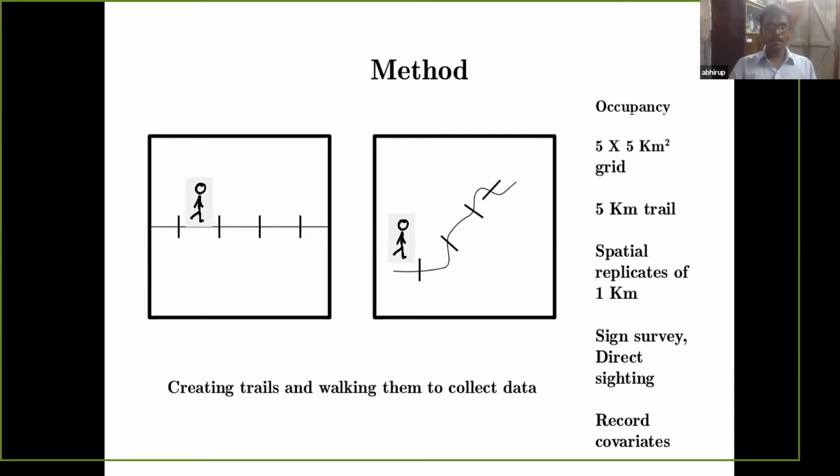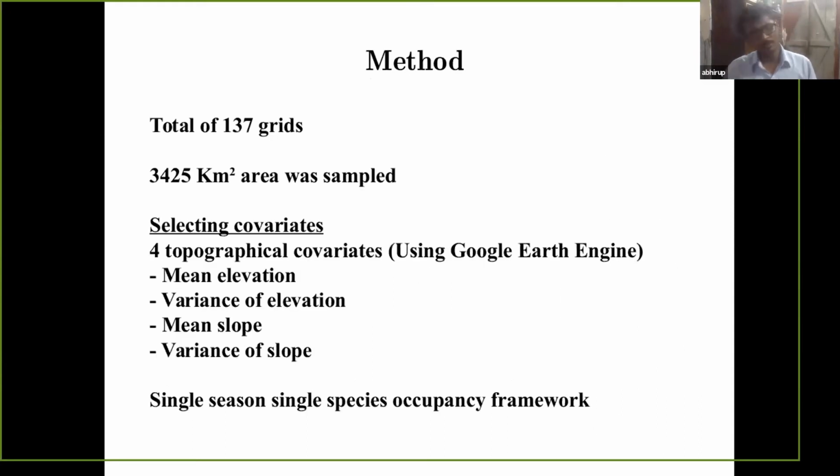And if you think there are covariates that can be measured in the field, you better collect those covariate data, because otherwise you come back from the field and can't collect them in some cases, and these covariates will be really useful to understand which factors are important in driving Urial distribution. Now we surveyed a total of 137 grids, which covers 3,425 square kilometers, which is a huge area.